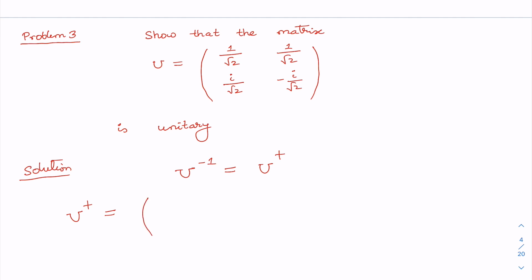So if you take the complex conjugate of U, you will get 1 by root 2, 1 by root 2, minus i by root 2, then it would be plus i by root 2.